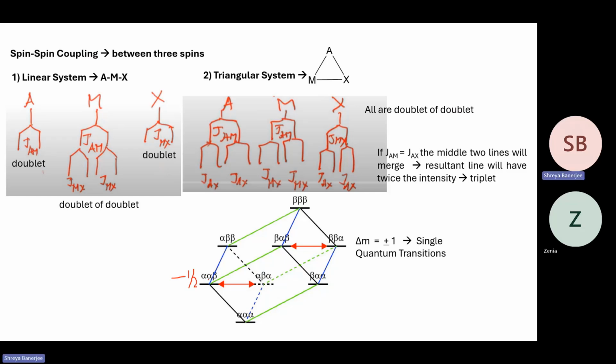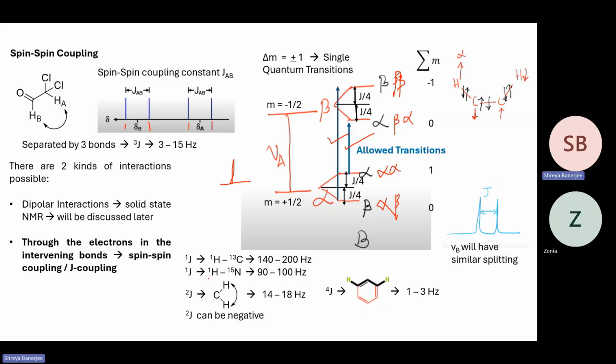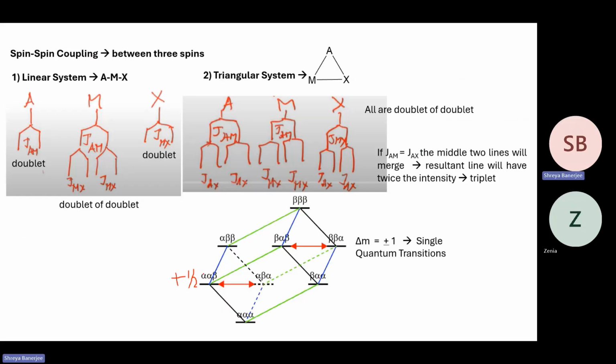Because alpha is plus half, beta is minus half, they get cancelled out, and one alpha is plus half. Then alpha beta beta, again one alpha and beta will cancel out and you will have minus half. So this transition is allowed because M is changing by 1.